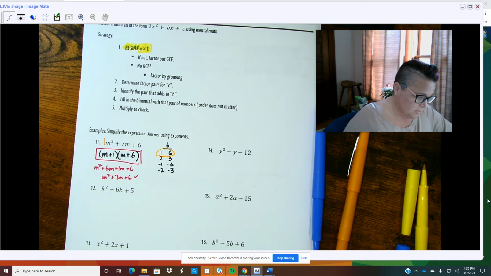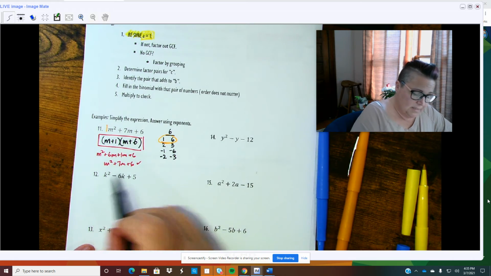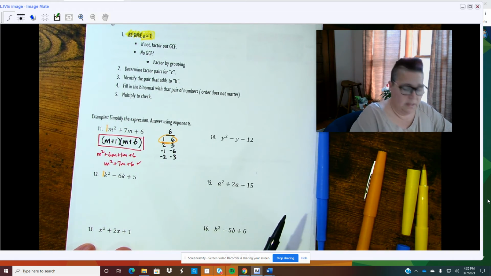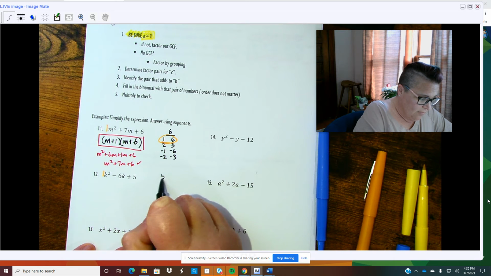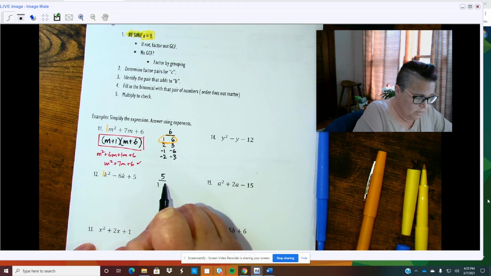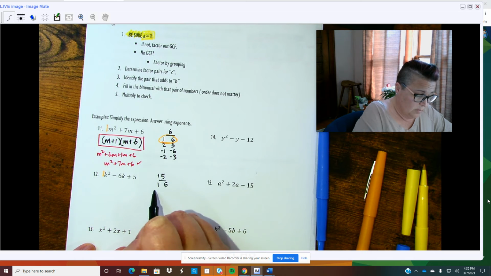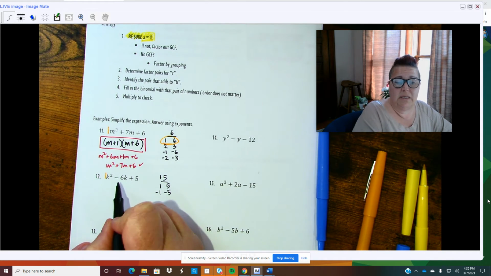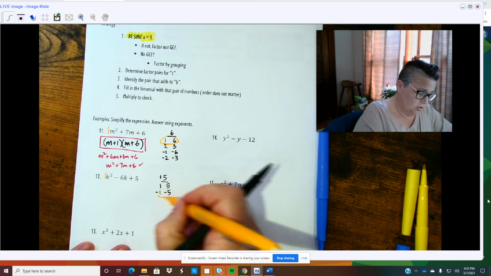Okay, let's look at problem number 12. Does it begin with a 1? Yes, indeed, it does. So I can use this shortcut method. That means I want the factors of 5. Well, 5 is a 1 and a 5, but since it's positive, it could also be -1 and -5. Do either of these add to be a -6? The second one sure does.